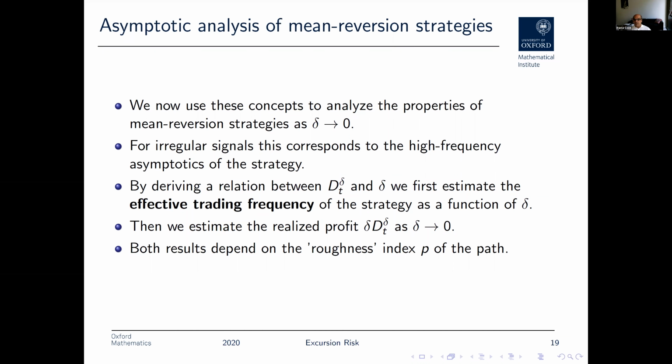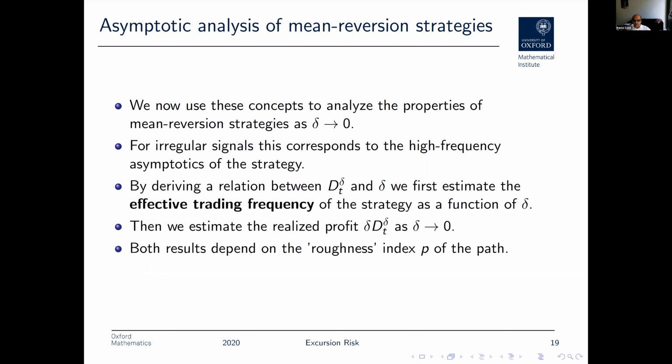So rather than fixing the frequency, saying I want to trade every second, that's not what people do. You fix the threshold of trading, and then you will have a natural or effective trading frequency, which is associated with delta. But we're going to show that this effective trading frequency, you cannot fix it. It will depend on the roughness of the signal. The rougher the signal, the higher the effective trading frequency for a given delta.